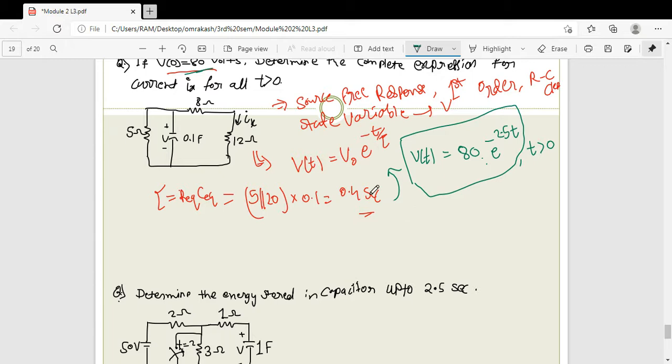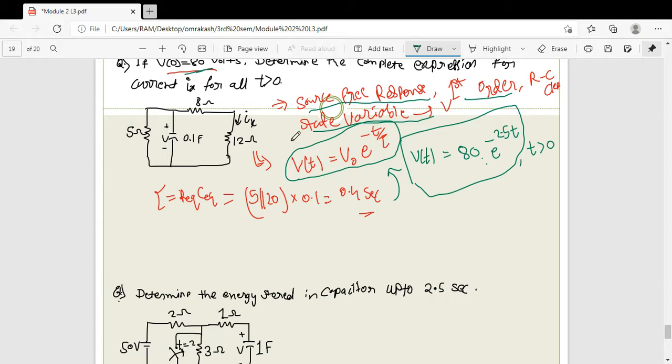Now for this source free first order RC type of circuit, this time domain analysis is very easy because you have to directly apply this formula, and the only thing is that you need to know the time constant of that circuit.